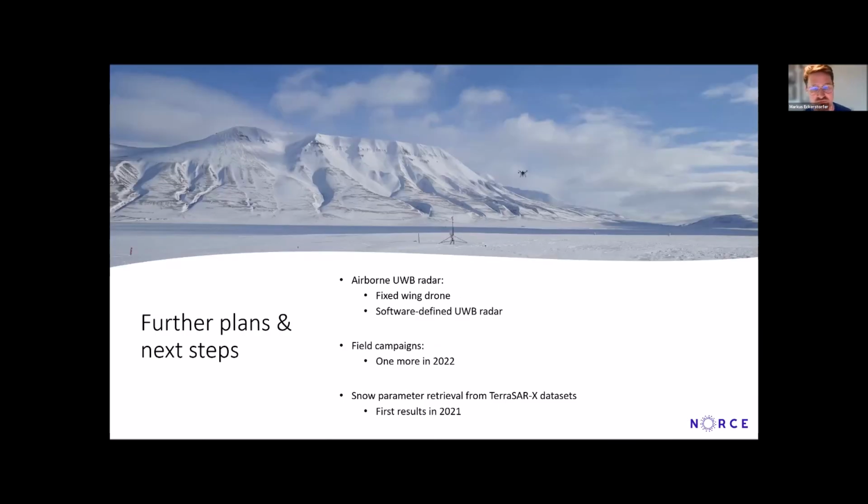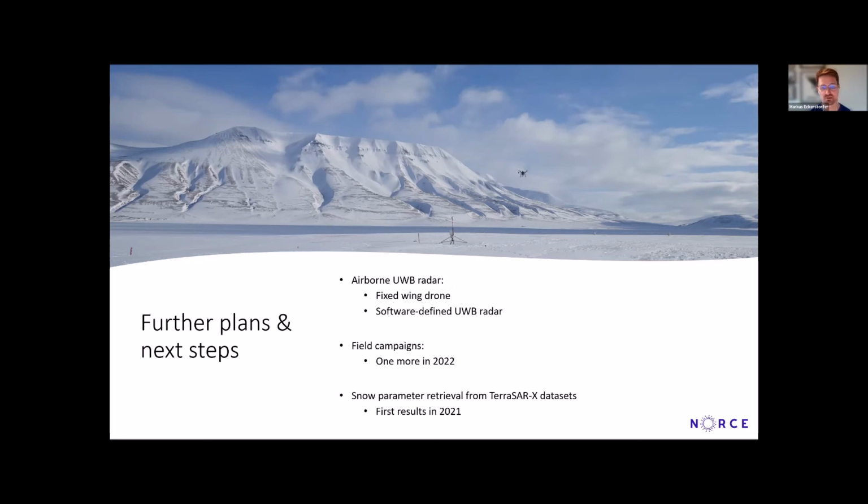Future plans and the next step in terms of the airborne radar: we are trying to employ it next year also on a fixed-wing drone, which means that we could fly even longer transects with higher airspeed. And we are working on a software-defined radar as well, where you could, for example, shut out different frequencies and get rid of problems with interference.